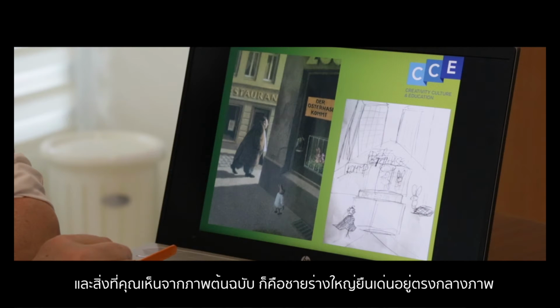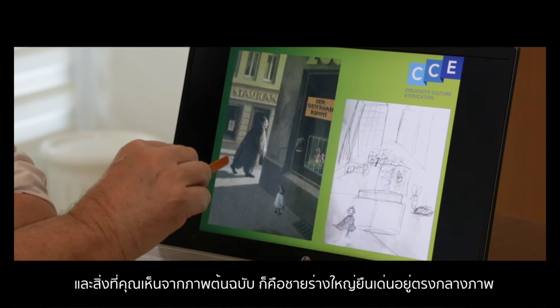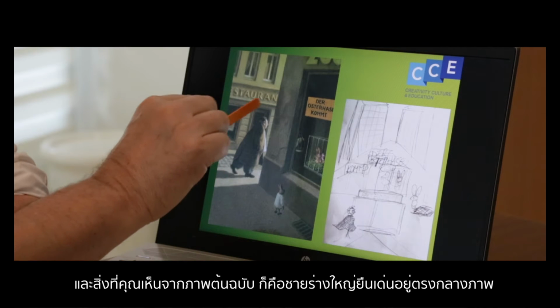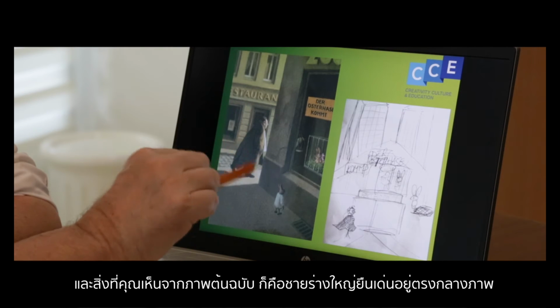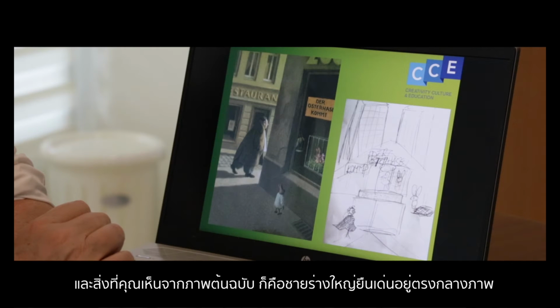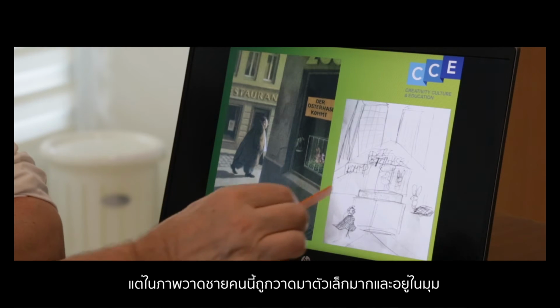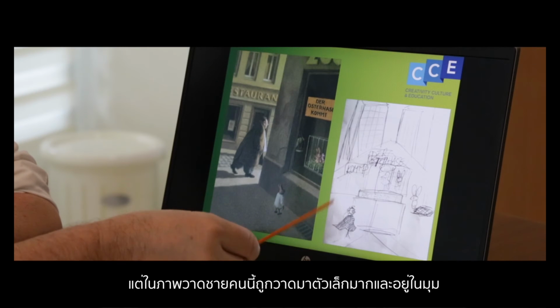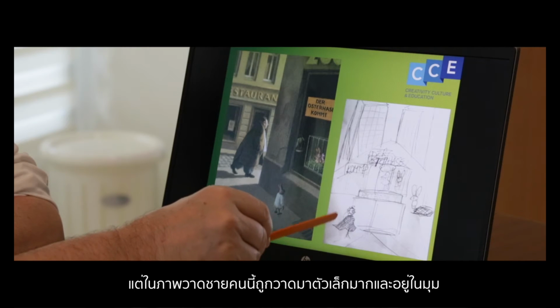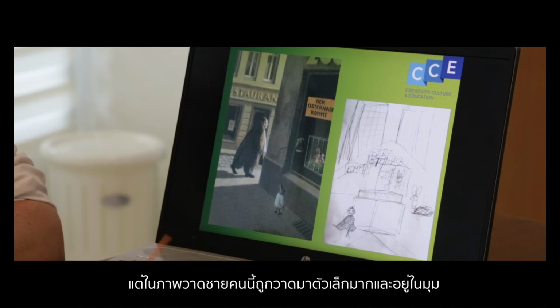And what you can see in the original is the dominant image is of this man, this big man, right in the center of the picture. But in the drawing that the person did, the man has become very small and is down in the corner of the picture.